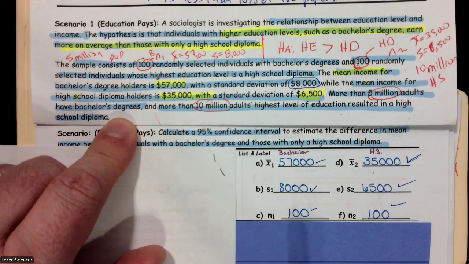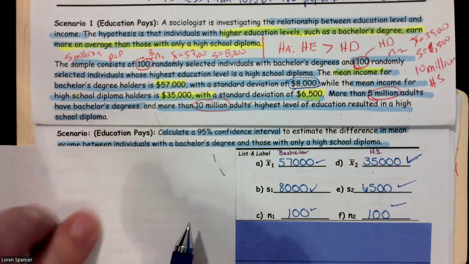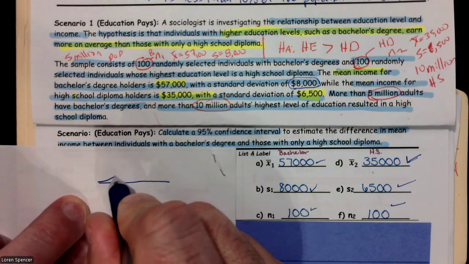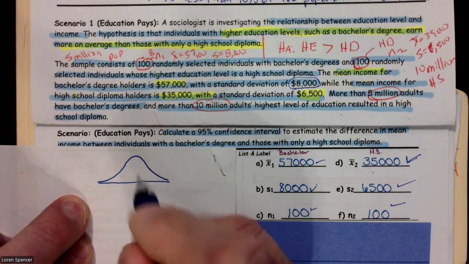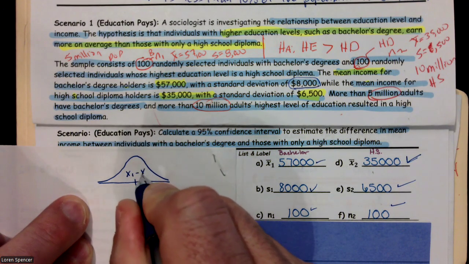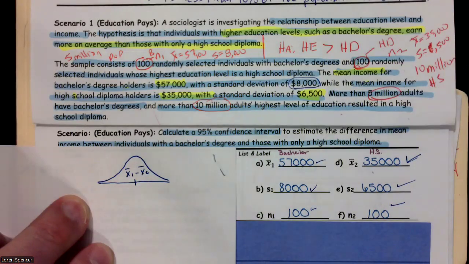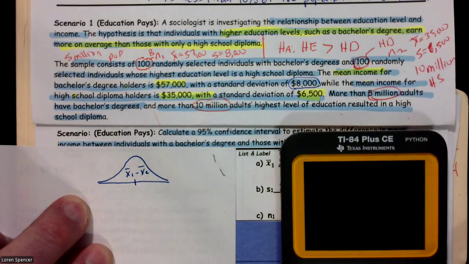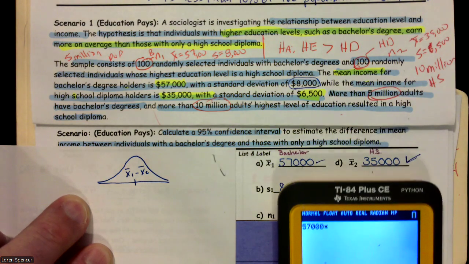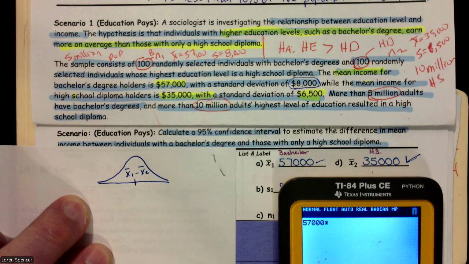When we went to draw our graph, we have to remember that confidence intervals are centered on the sample, and in this case are centered on x bar 1 minus x bar 2, which in this case is 57,000 minus, not times, but minus the 35,000.